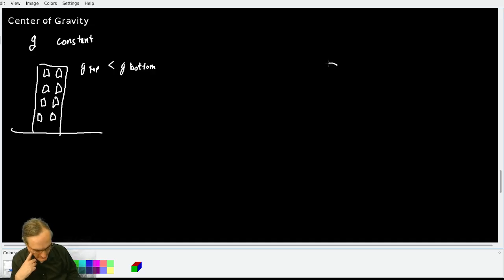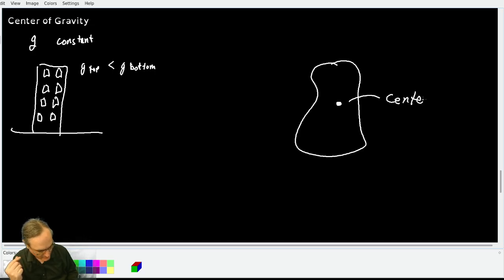Alright, so center of gravity. You have some object. It's made up of essentially lots of little masses, but there will always be some point that is the center of gravity.